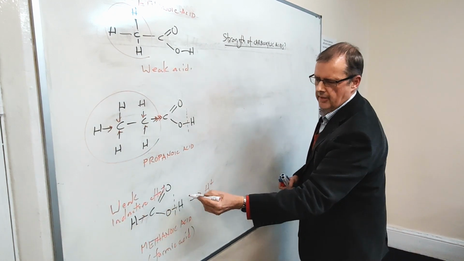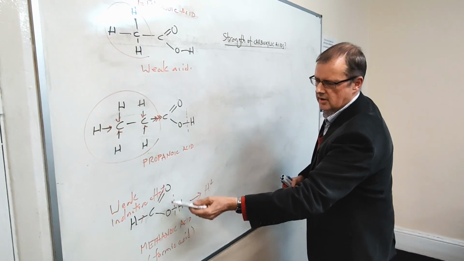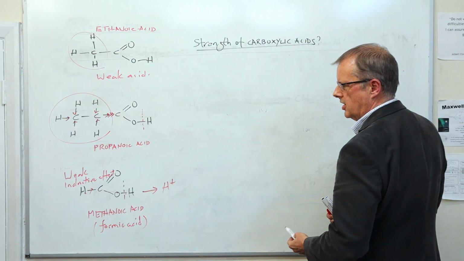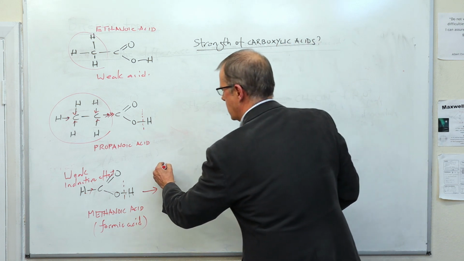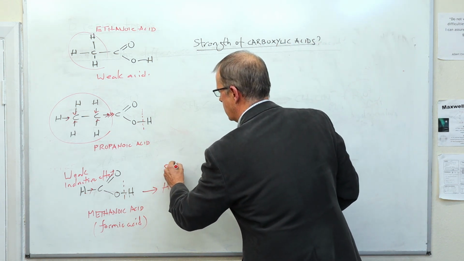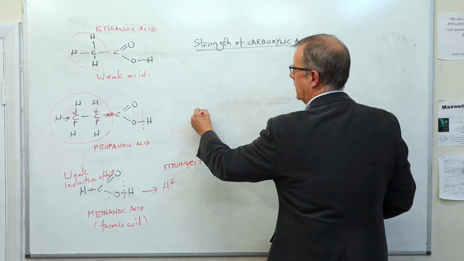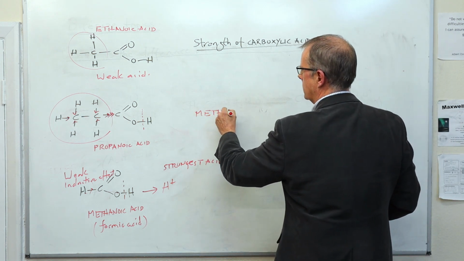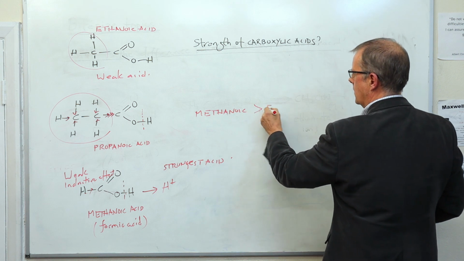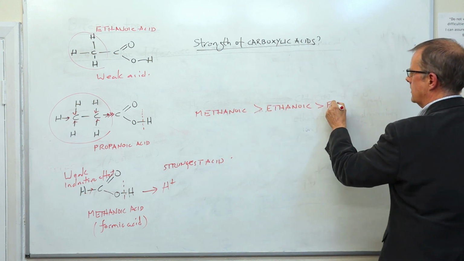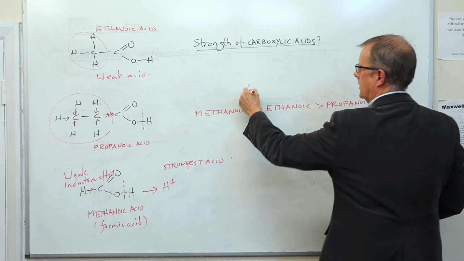So that bond is not as reinforced as previously, and so this is the strongest of the 3. Putting them in order, methanoic is stronger than ethanoic, which is stronger than propanoic acid.